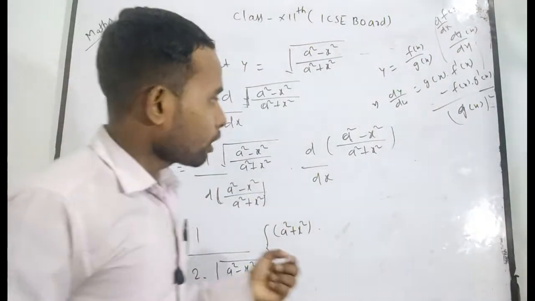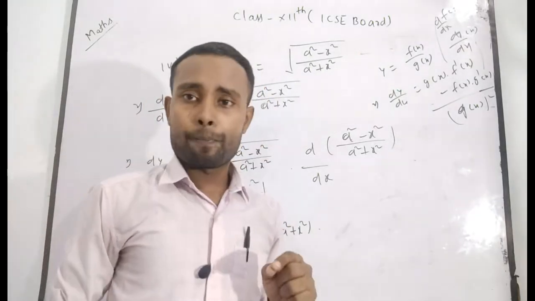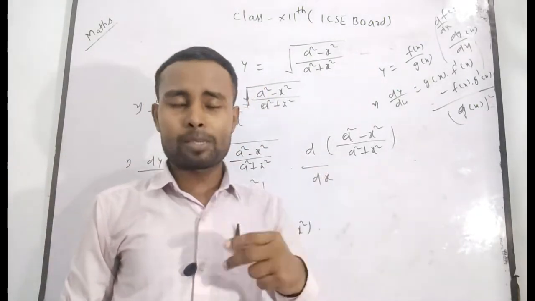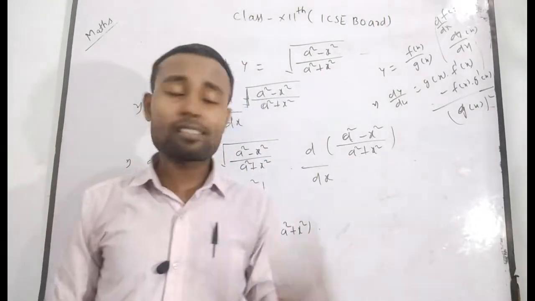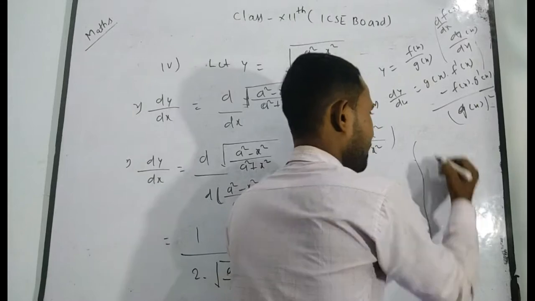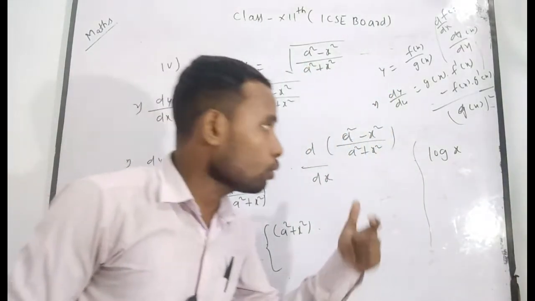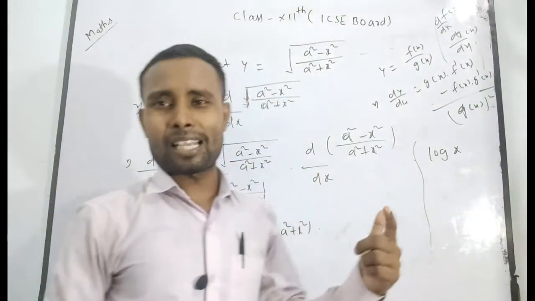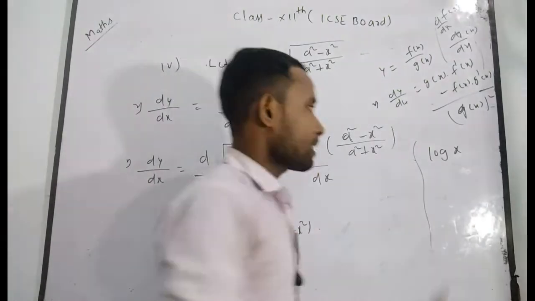Correspondingly, you also have to remember another point. In calculus, that means in derivative, integration, all the chapters, if there is no mention of the base in a log, this is an extra point. Suppose there is log x. As you know, in class 10th, if there is no mention, you understand here the base is 10.